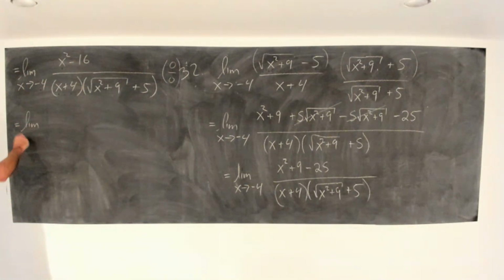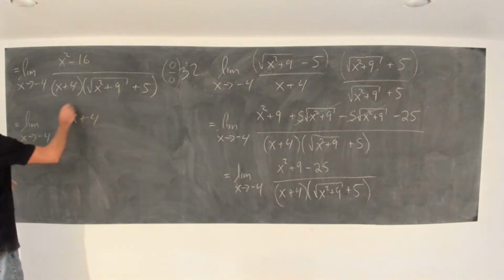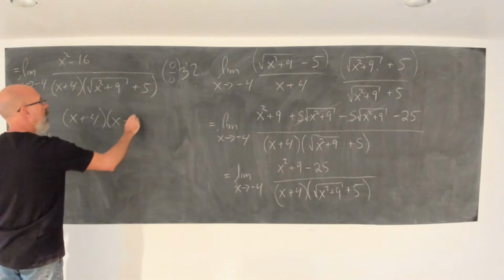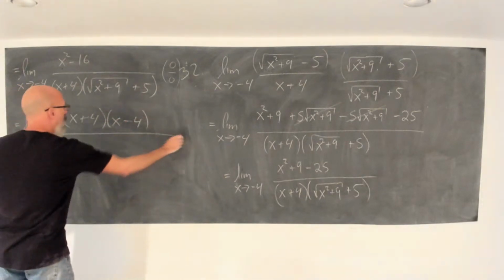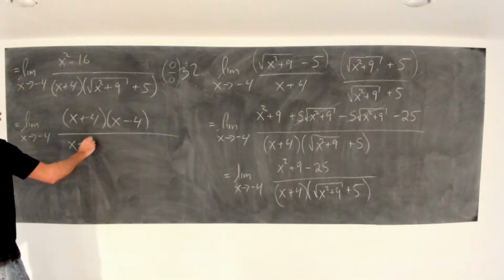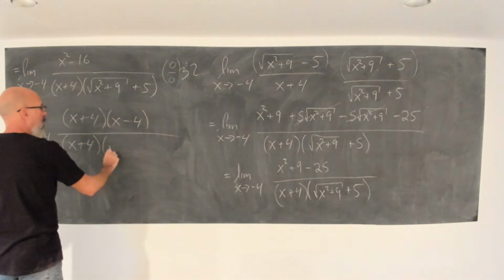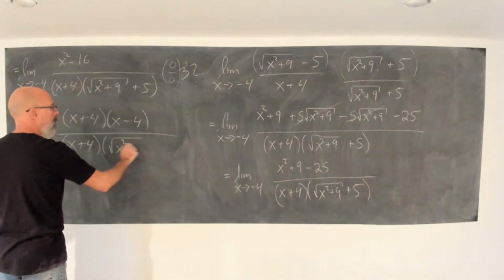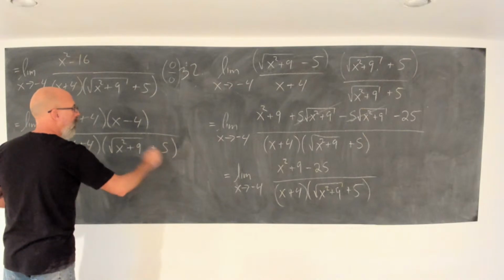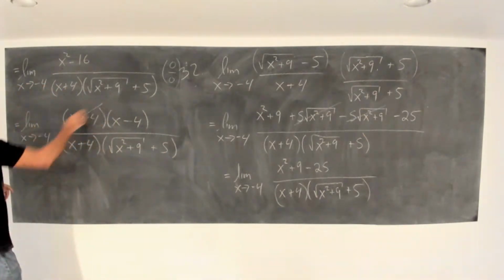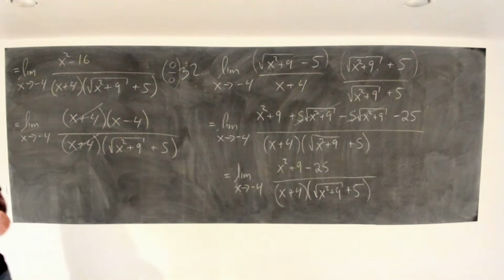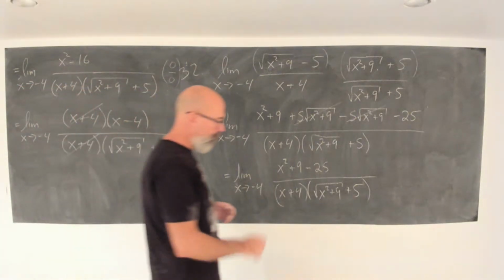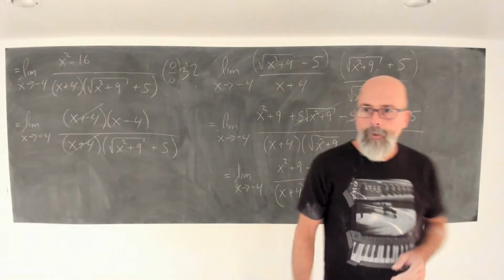You see how the numerator factors as x plus 4 times x minus 4. And you're going to cancel that with the x plus 4 in the denominator. These cancel out. And you're good to go.